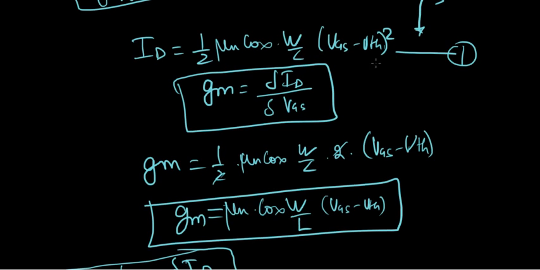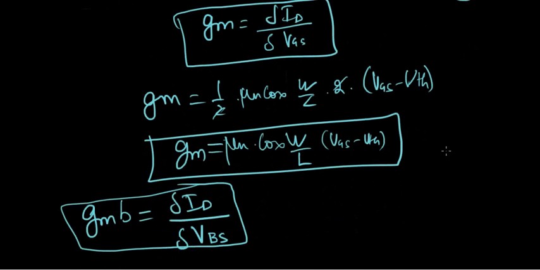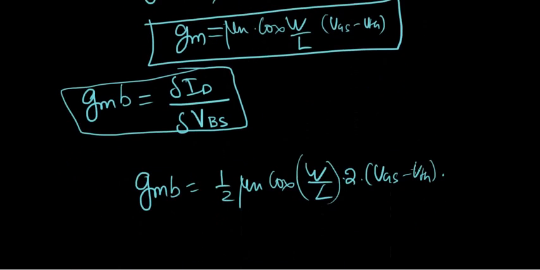With respect to VGS, VTH is considered constant. But when we consider body effect, there is a change in VTH, so we cannot ignore the differential of that. That is where we get minus ∂VTH/∂VBS.